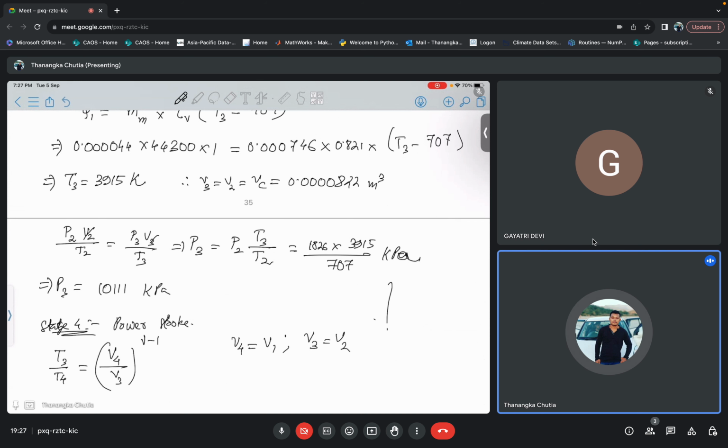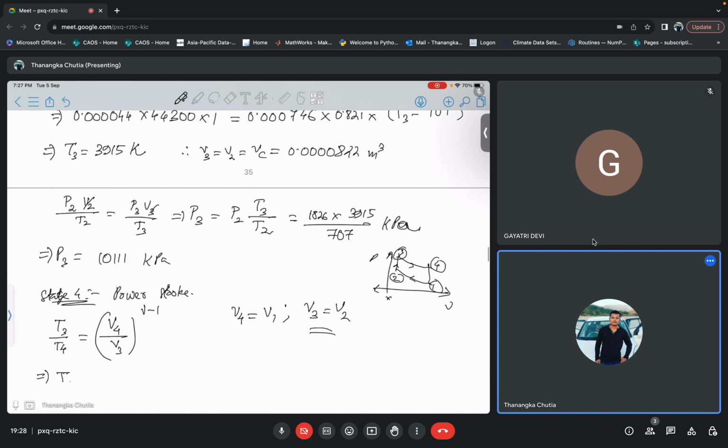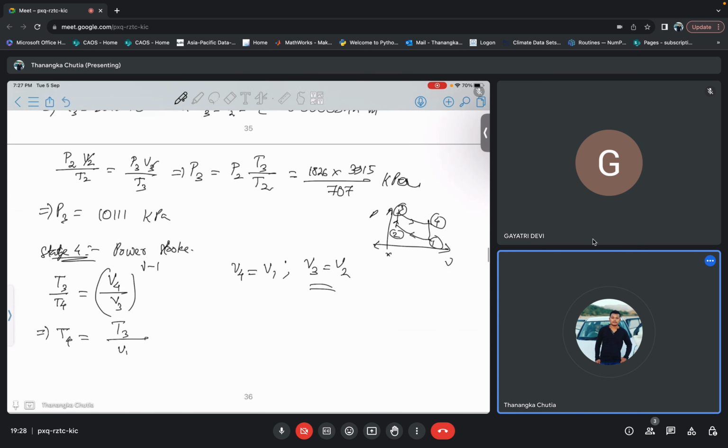Okay, if you remember, if you draw this PV diagram, it will look like this. So if this is 1, this is 2, this is 3 and this is 4, so this one and this one have the same volume, and this one and this one have the same volume. So I can write T4 is equal to T3 divided by V1 by V2 to the power gamma minus 1.